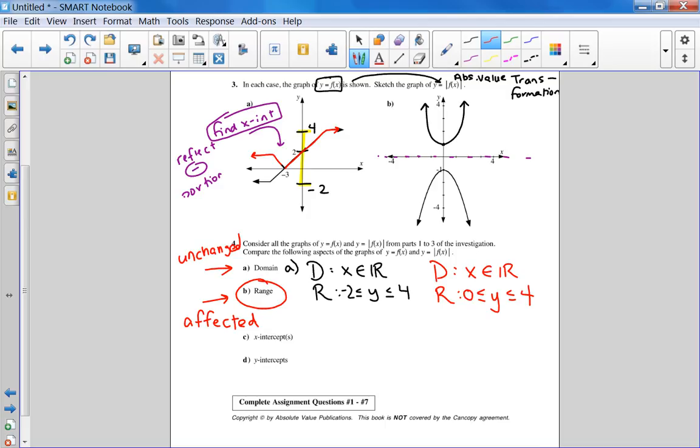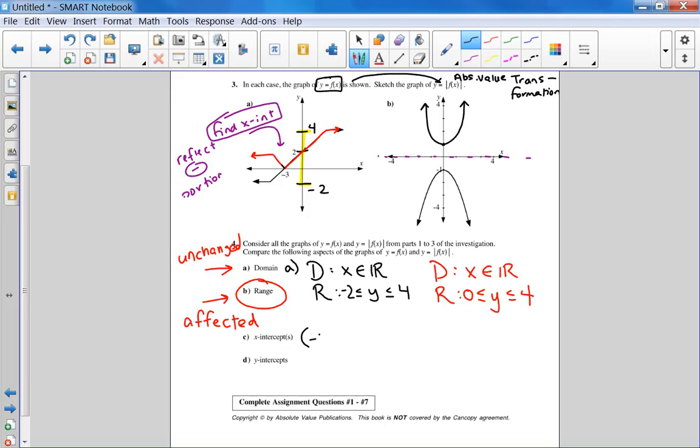Okay. Now let's take a look at x-intercepts and y-intercepts. Still working on this function here, the first one. X-intercept. Did it change?